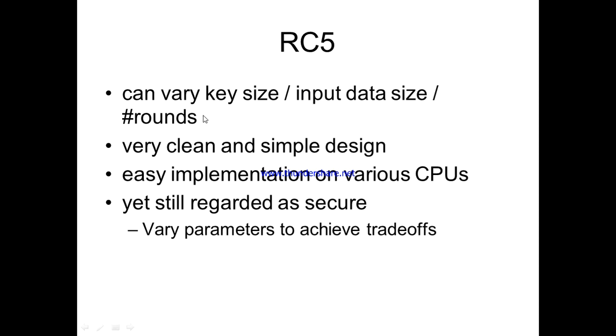If you observe, the DES algorithm uses a fixed 16 rounds, and the Blowfish algorithm also 16 rounds, fixed size. But if you go for RC5, you can have a different number of rounds, key sizes and data sizes.